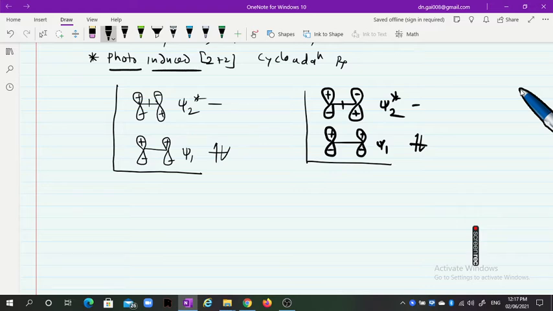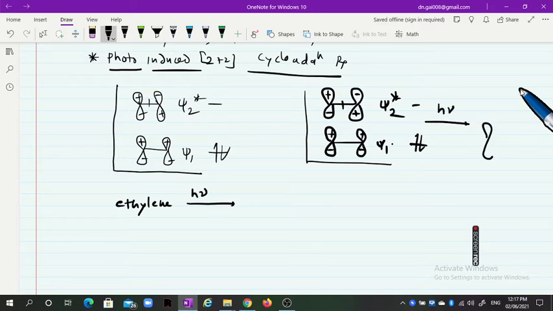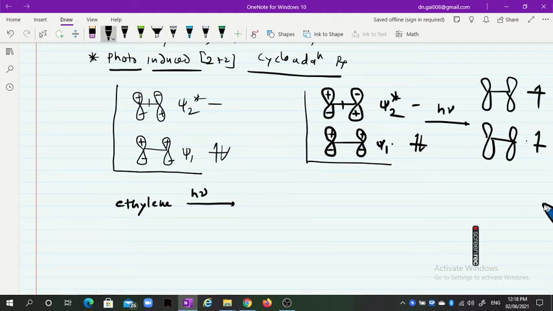We consider the photo-induced cycloaddition reaction. When we irradiate the ethylene molecule, some of the electrons from this level get excited to the second orbital: positive, positive, negative, negative, positive, negative, negative, positive.